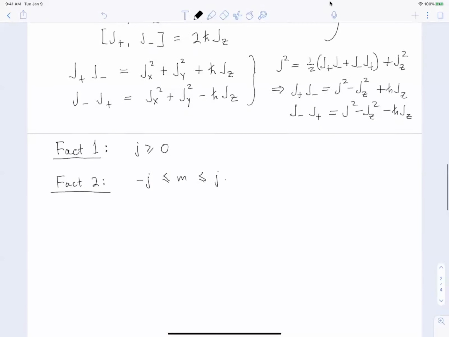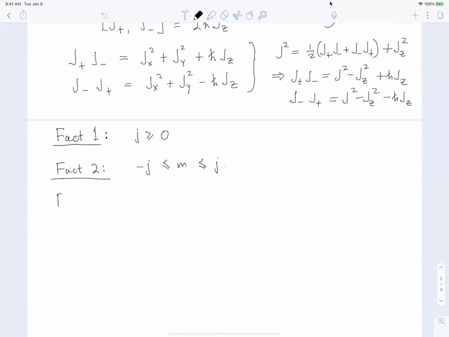Okay, so let's see the proof. So for the proof, we're going to consider, again, this is a theme that we've seen before, the norm of the state j plus jm. And the norm of any state squared has to be greater than or equal to 0.